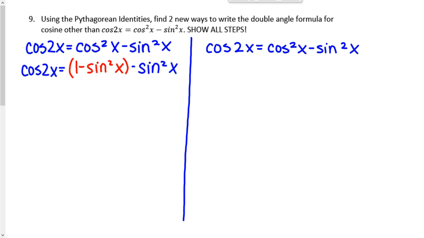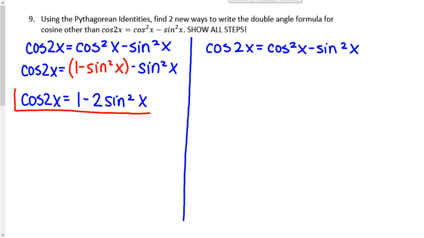No. What would I say? Minus 2 sine squared theta, or x. So I've got 1 minus 2 sine squared. There is one of your other double angle formulas for cosine. That's one of them.